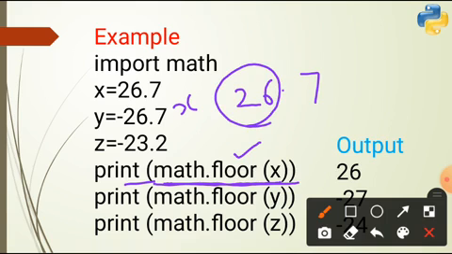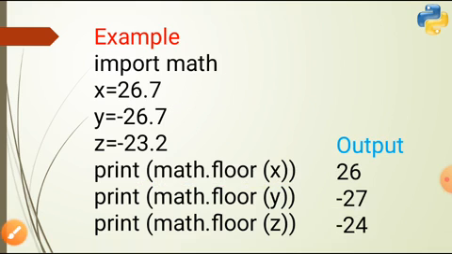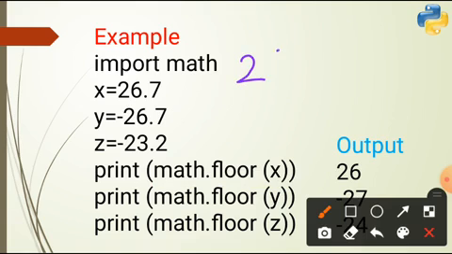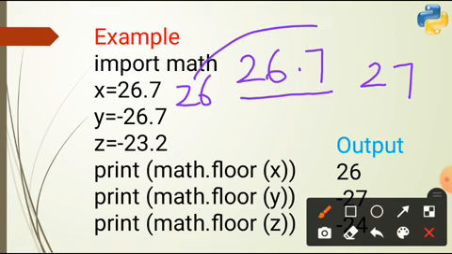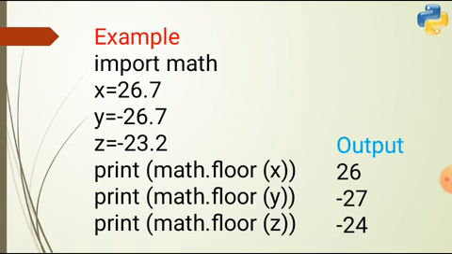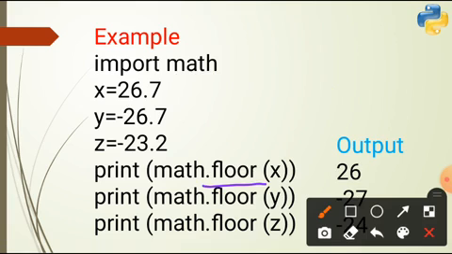Kindly understand, children, an easy way to find out. Okay, so 26.7 is in between 26 and 27. So which one is less than? 26 is less than. That is why we are taking 26 for floor.